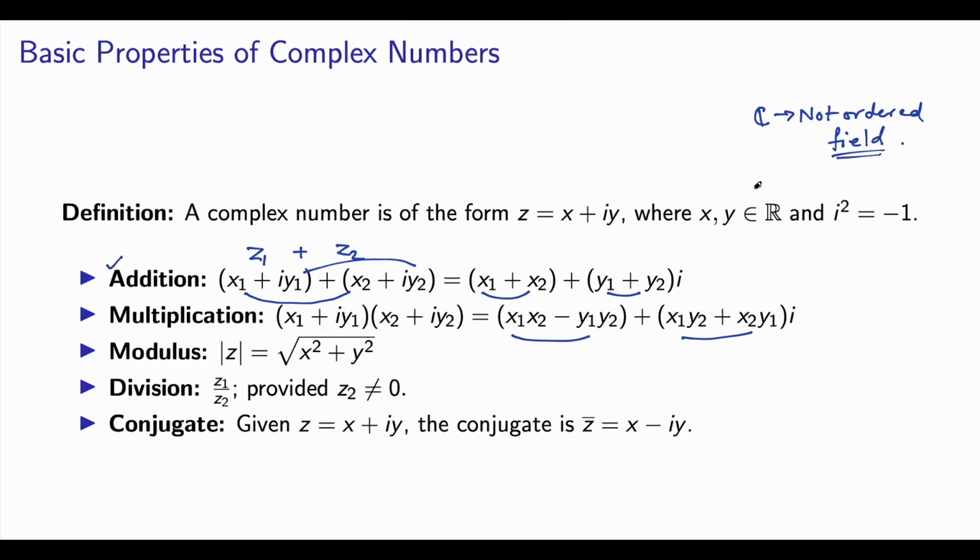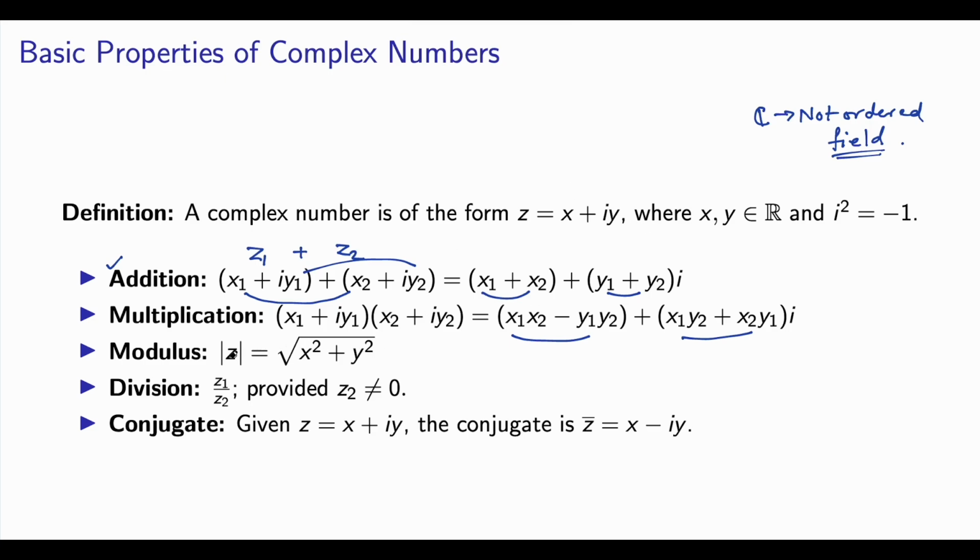So how do we define order? When we say that any complex numbers x1 plus iy1 and x2 plus iy2, which one is bigger and which one is smaller, it is very difficult to say because of the fact that i square is going to be -1. So now the modulus concept comes into the picture.